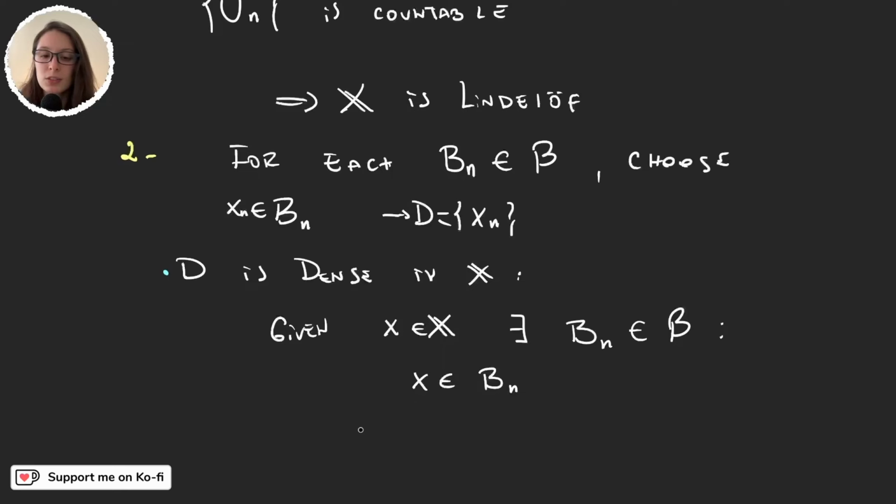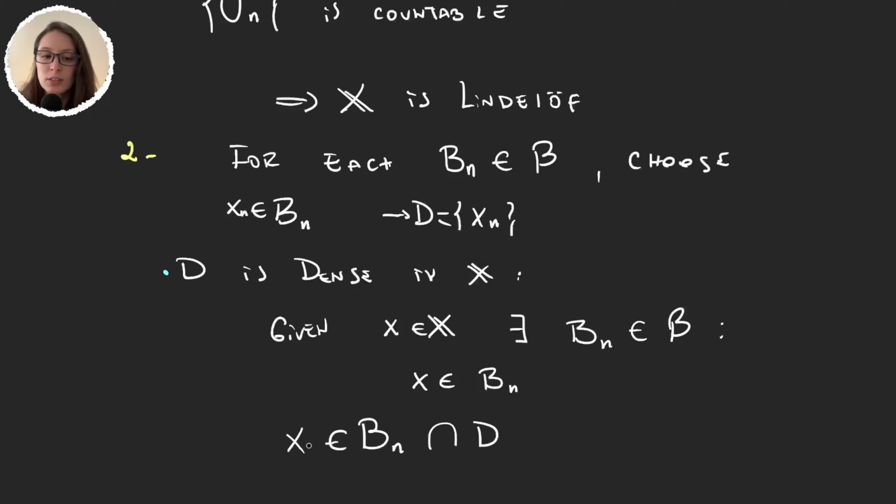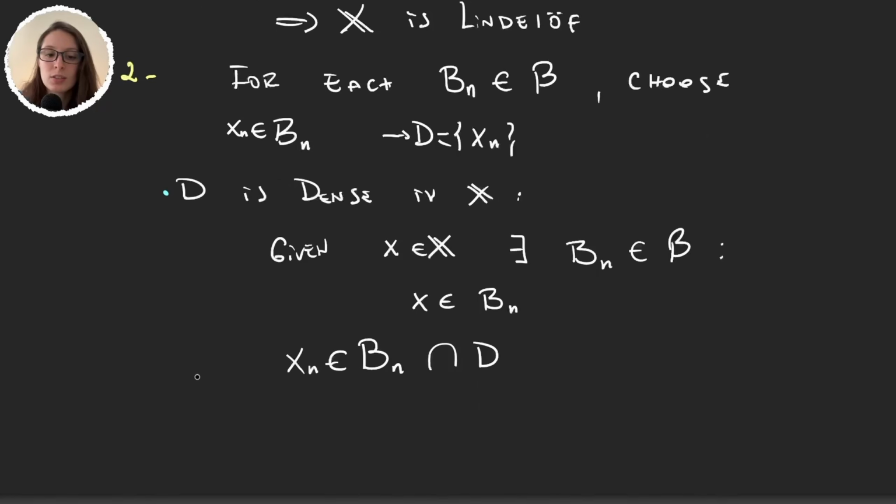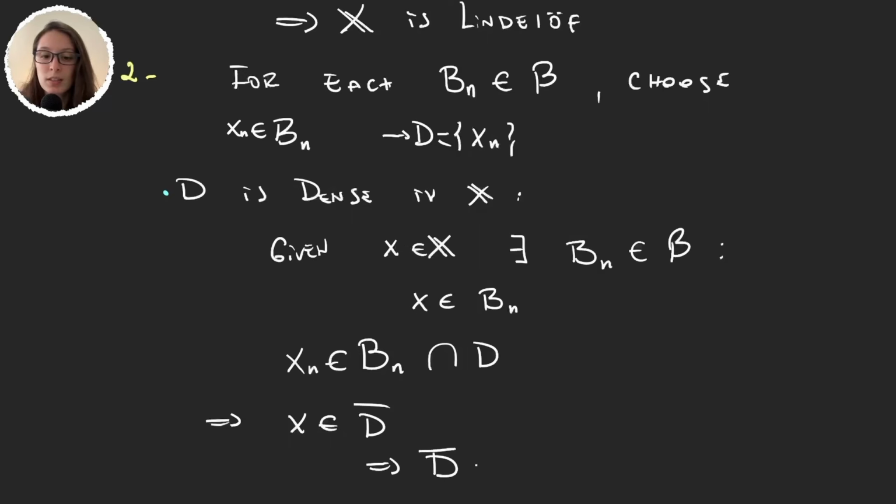But the intersection of this neighborhood of x with D is some set that contains x sub n, because x sub n was an element in B sub n and is also an element in D. So what this gives us is that x is an element in the closure of D. And because x was just any element in the space, then the closure of D has to be the entire space.